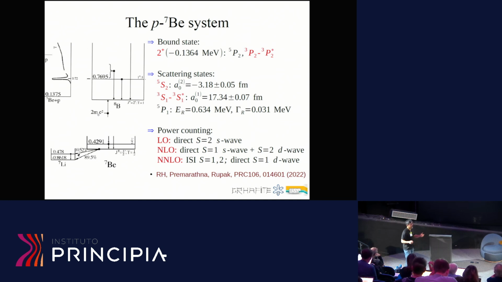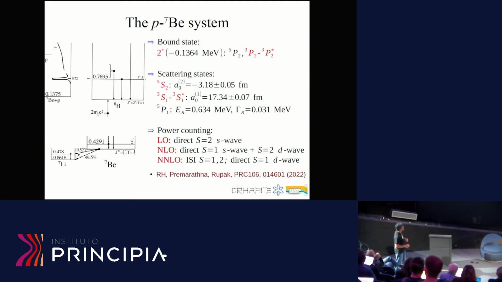Because of the very peripheral nature of this reaction, the power counting actually becomes even simpler in some sense, all right? Because nuclear interactions can be taken into account very perturbatively. Most of the effects are due to the Coulomb interactions.